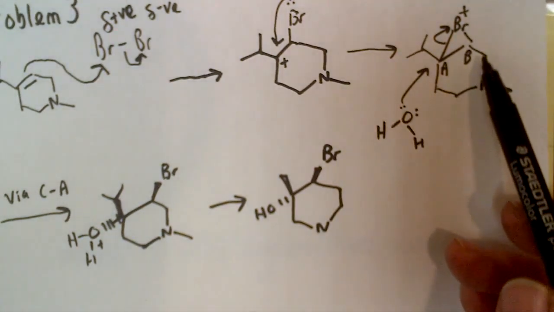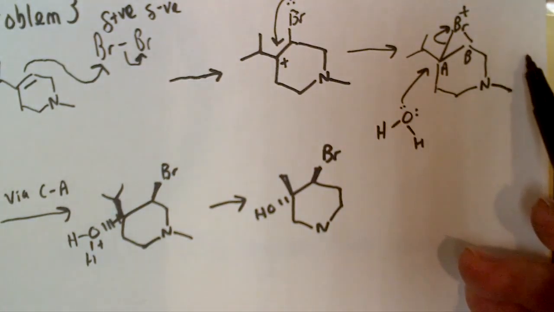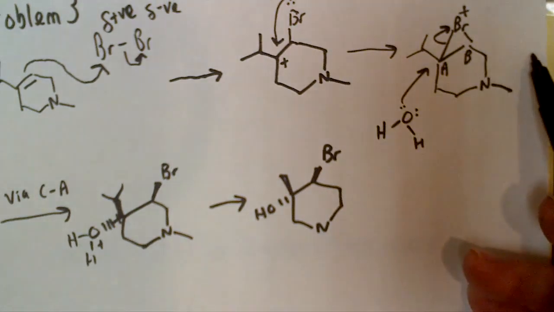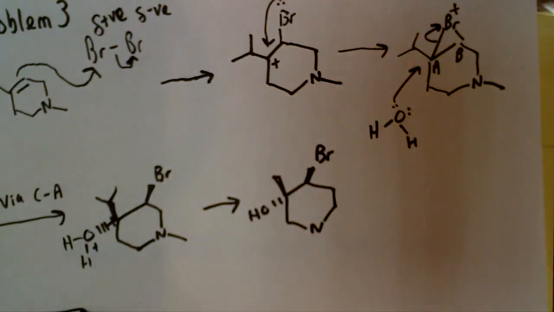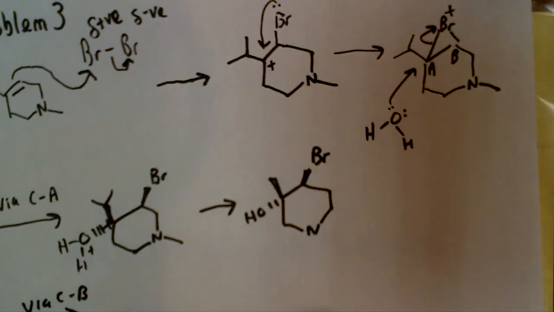But in terms of steric hindrance, maybe there's an equally likely chance that the incoming nucleophilic water can attack carbon B. So let's suggest we go via carbon B at this route, and we would give a product at this point where we would open up with a bromine at this side.